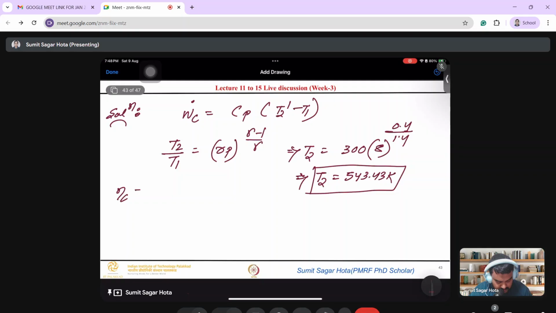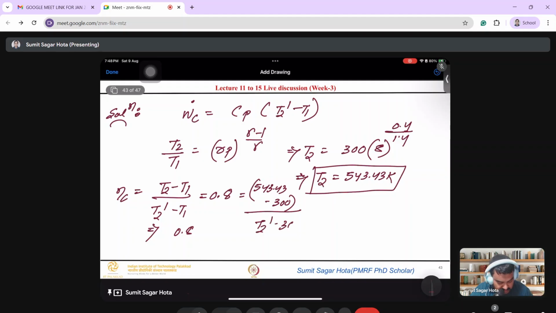So eta_C is (T2 minus T1) by (T2 dash minus T1), which is equal to 0.8. So 0.8 equals 543.43 minus 300 divided by T2 dash minus 300. By solving we will get T2 dash as 604.28 Kelvin.